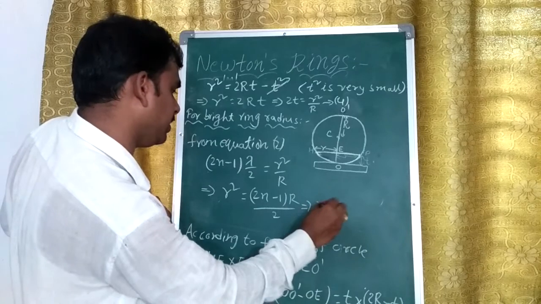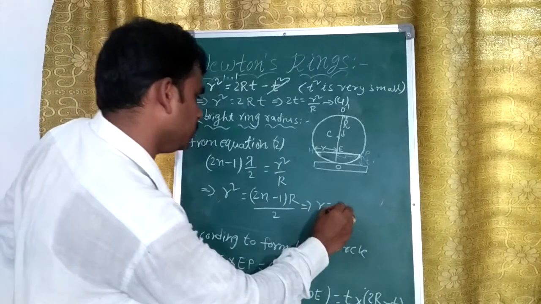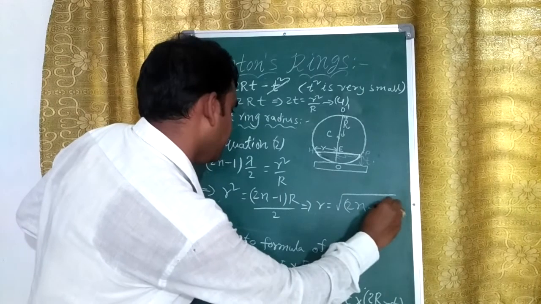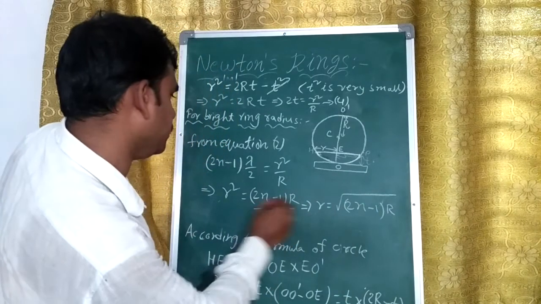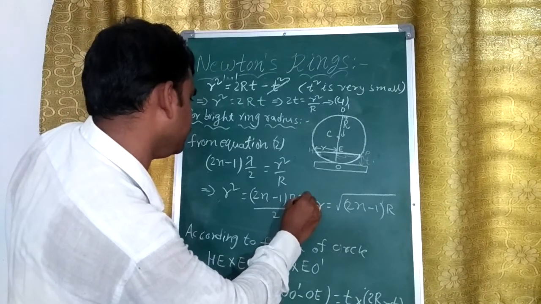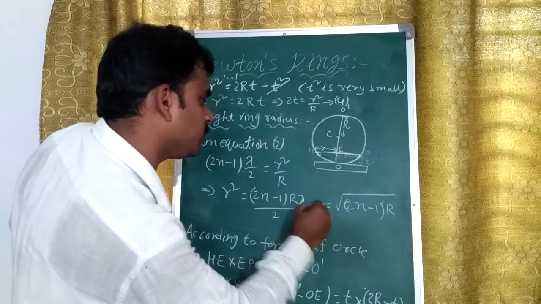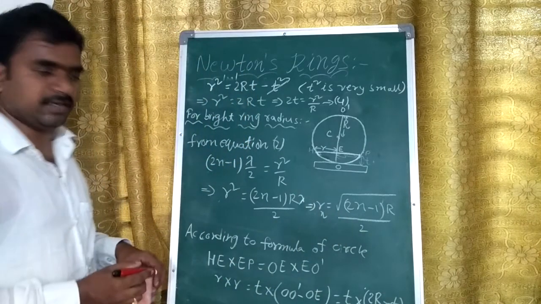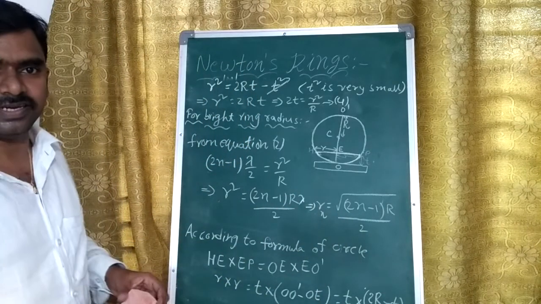That implies r equals the square root of (2n minus 1) into R lambda by 2, for the nth ring, where n is an integer.